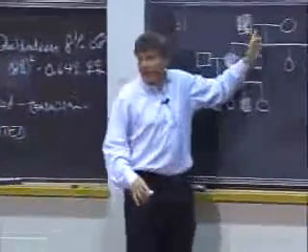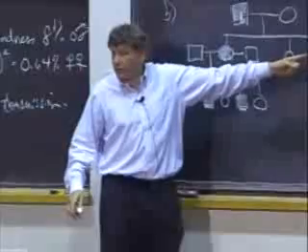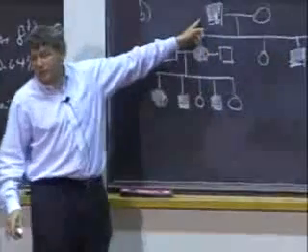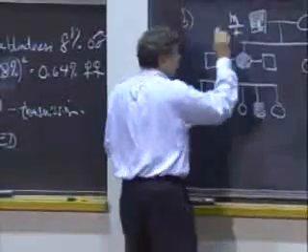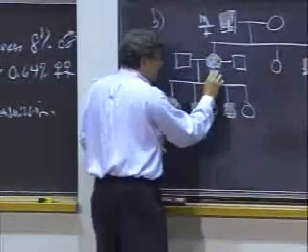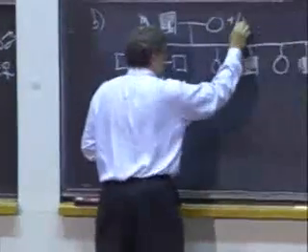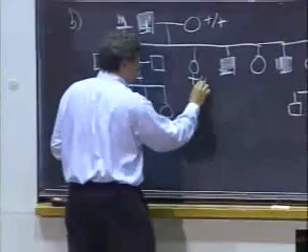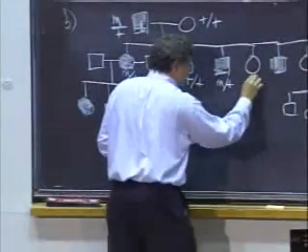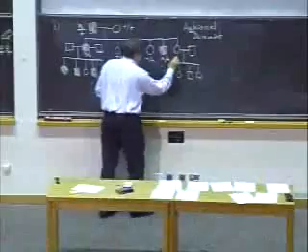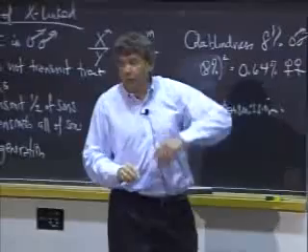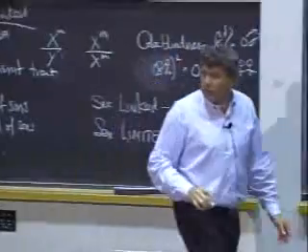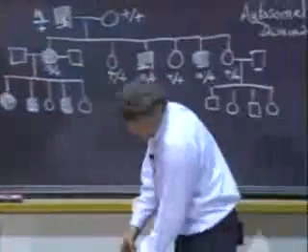And if this was dominant, they'd all have it? What's a possible genotype for this person? Mutant over plus. And these kids could be mutant over plus, or plus over plus, one possibility. On average, what fraction of the kids should get the trait? About half the kids, right?